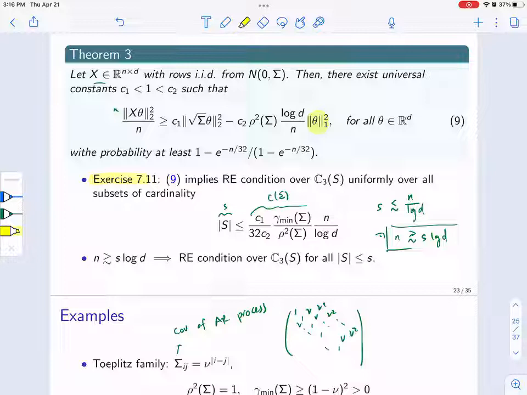We did the calculation. And so you get root s here squared, you get s log d over n, and then the L2 norm here, which you can control. You get lambda min minus s log d over n. And if this is small enough, smaller than lambda min. So just do the calculation. It's very simple.